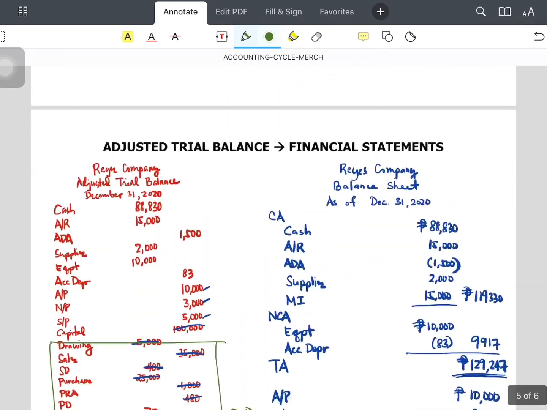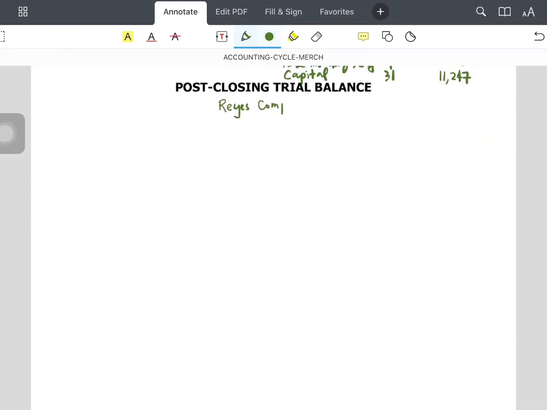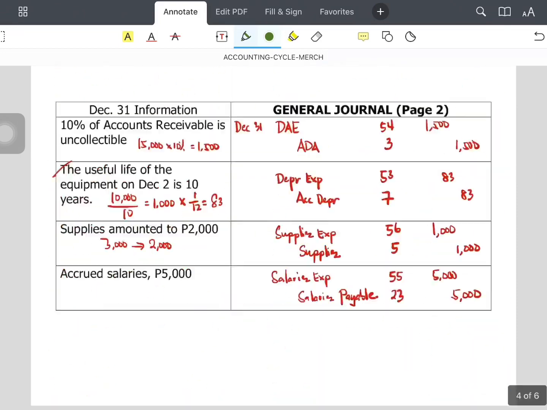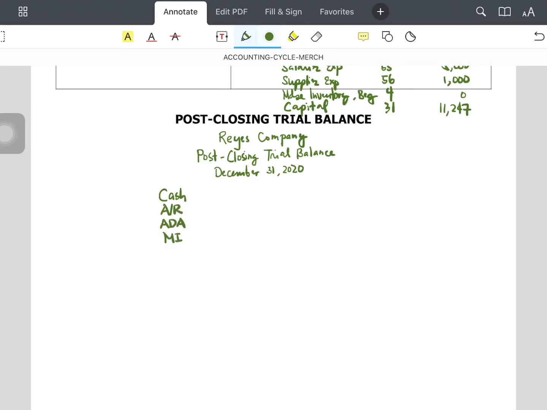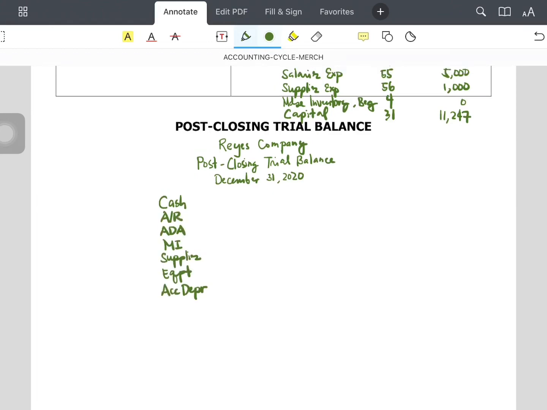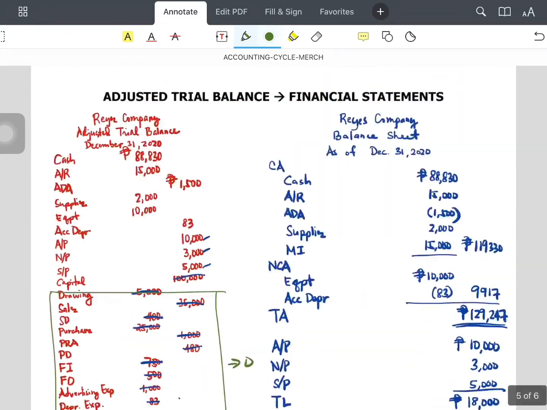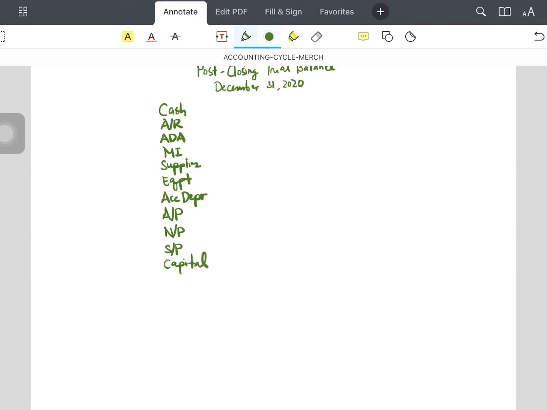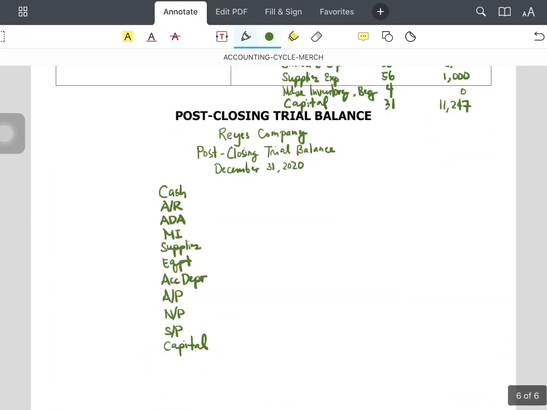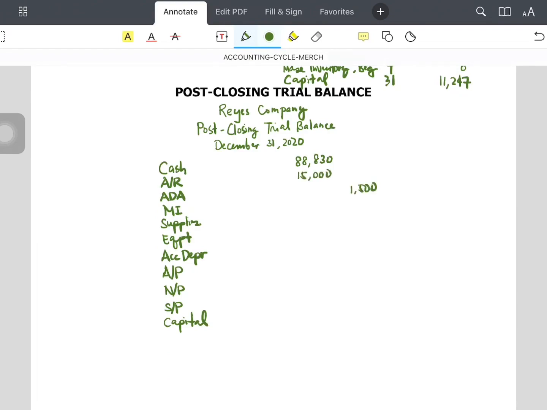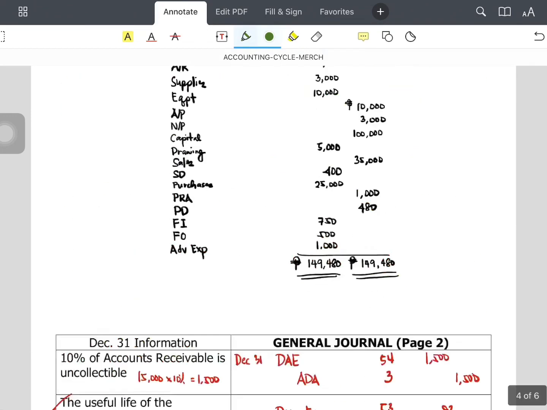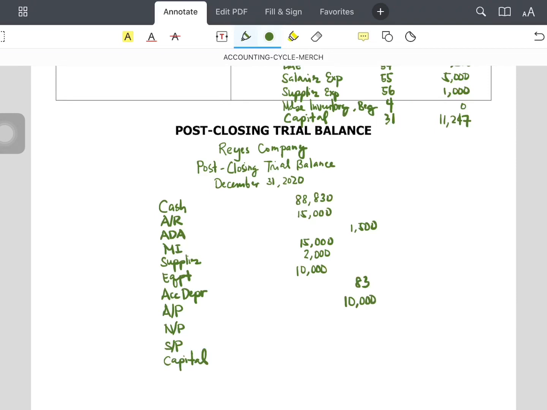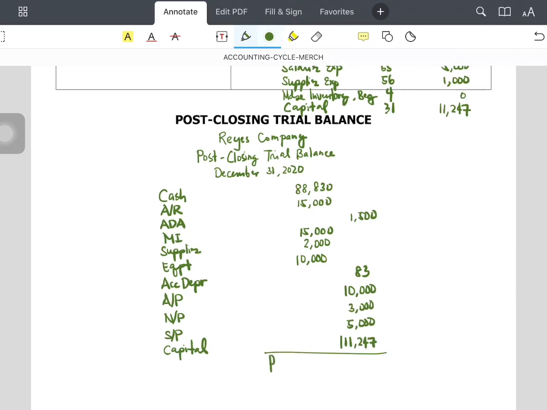Now let's do the post-closing trial balance. And then you get the total.